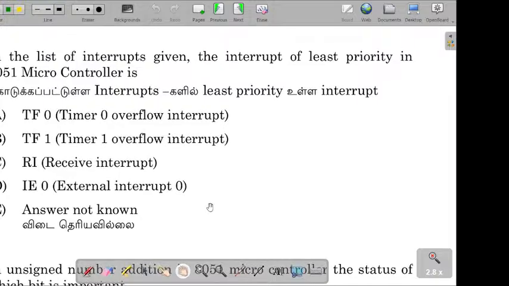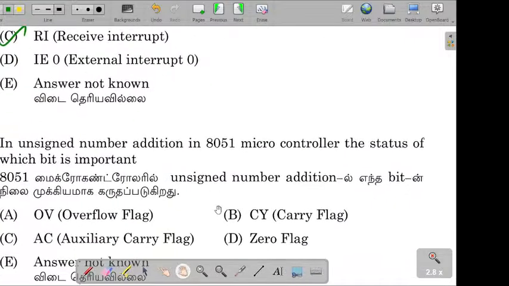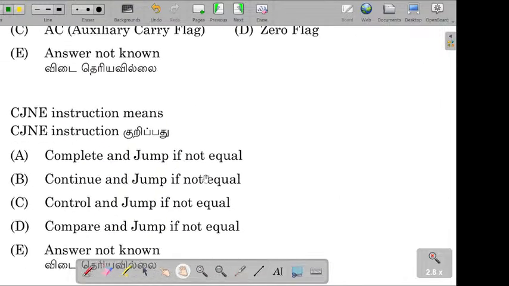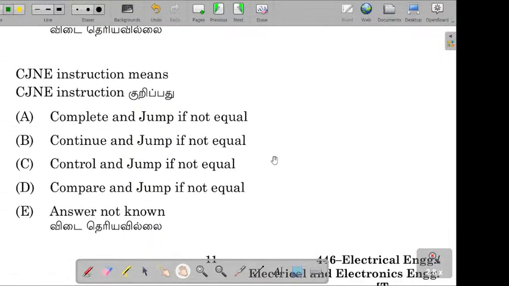In the list of interrupts given, the interrupt of least priority in 8051 microcontroller is receive interrupt RI. In unsigned number addition in 8051 microcontroller, the status of which bit is important? The CY carry flag is very important. CJNE instruction means compare and jump if not equal.